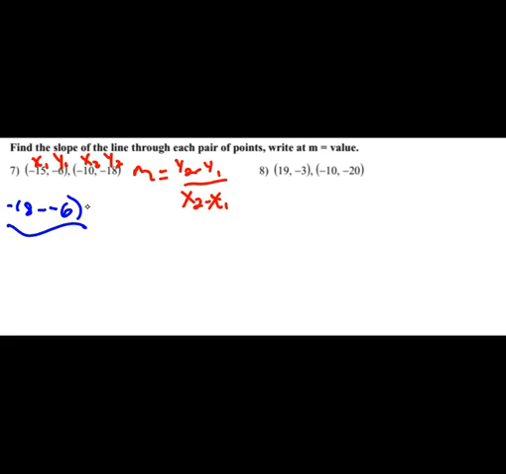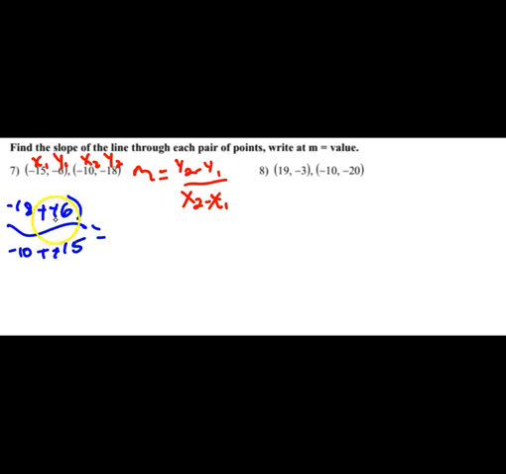over x2, which is negative 10, minus x1, which is negative 15. Now, we have a minus minus, which ends up making those both plus. Same here, minus minus.